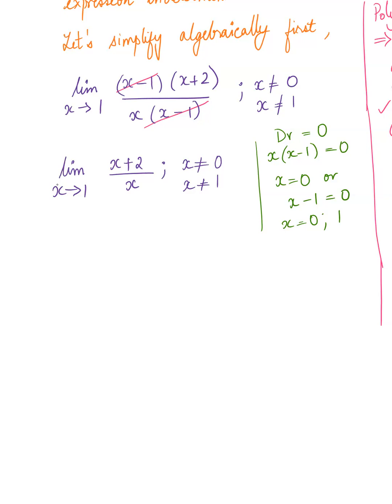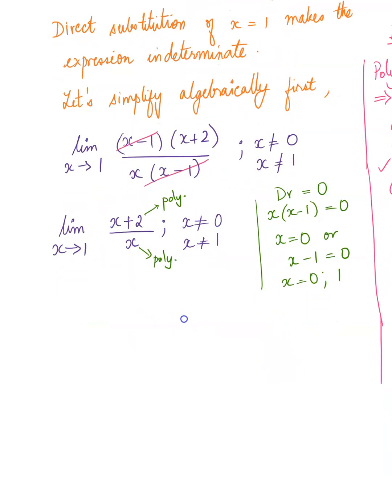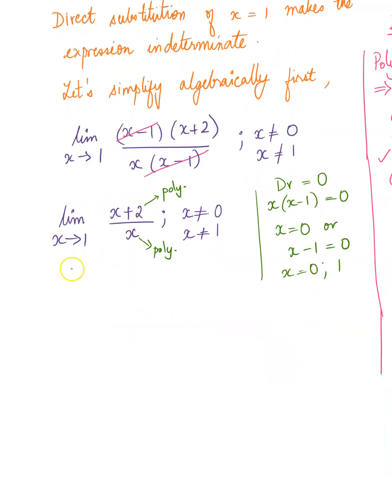Okay. So what happens here is your function is reduced. You simplified it, right? You still get a rational setup, polynomial over polynomial. Remember, we're doing all this because we wanted to find the limit, and when we applied it directly, we got an indeterminate condition. Therefore, we used algebra to simplify it, and now we can plug in for x as 1 because we are now in the simplified format.